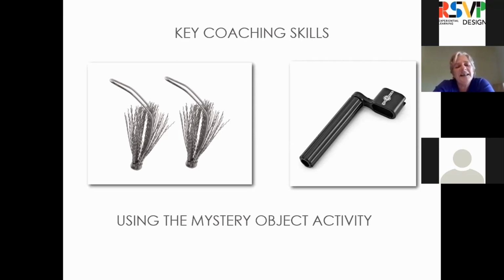And the idea is that people work in pairs or in trios with an observer. One person is a designer and the other works as their coach. And they're given a goal. The goal is to develop a new product idea based on the stimulus of the object that they're working with.